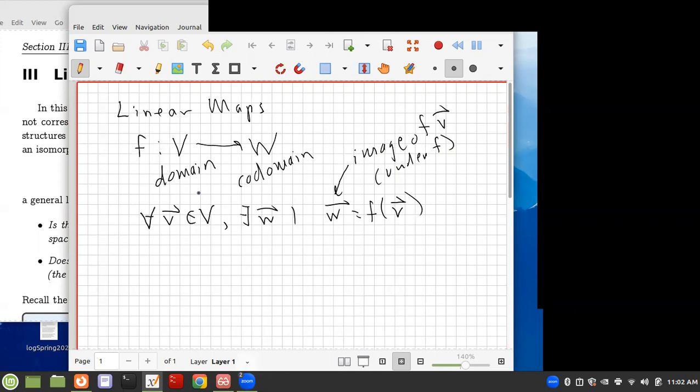Okay, so that's the basic terminology. Now, to be a map, you can't have the situation where F is not a map if you have a V and you had two W's, right? Two images. So you could imagine this in two ways.